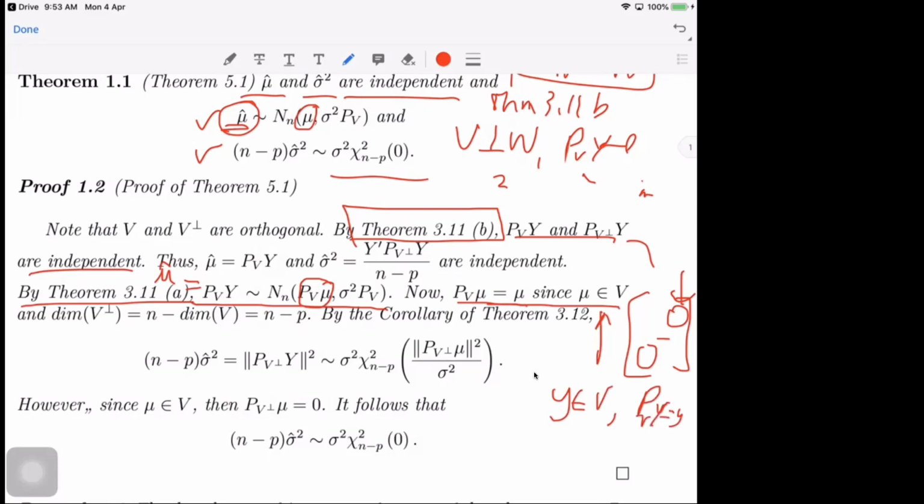And then this second part here is automatic, straightforward, but you should be familiar with theorem 3.11a. That is showing that the distribution of the projection of y onto v is also normally distributed with mean equal to the projection of mu onto v and variance sigma squared Pv.